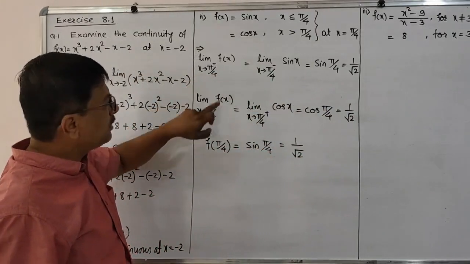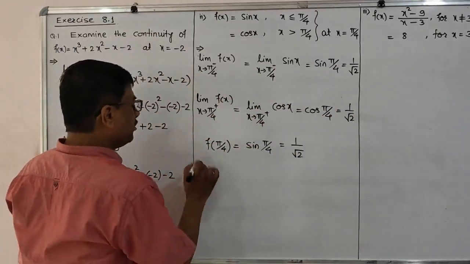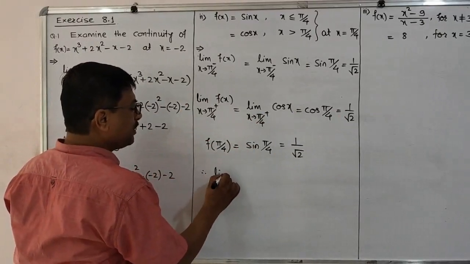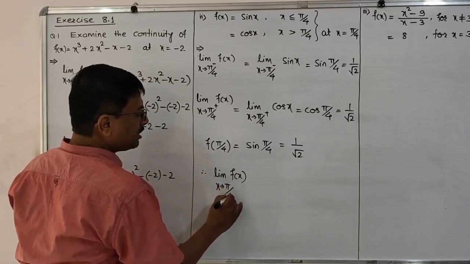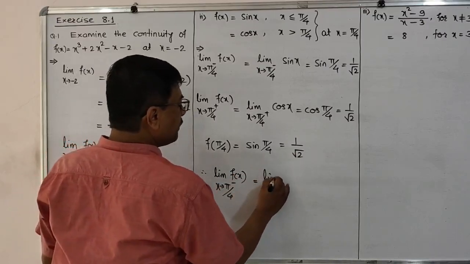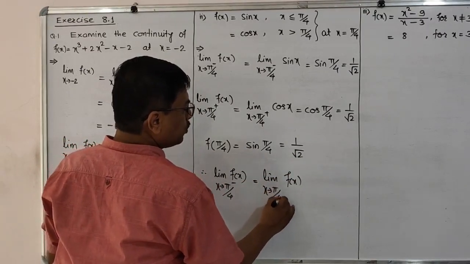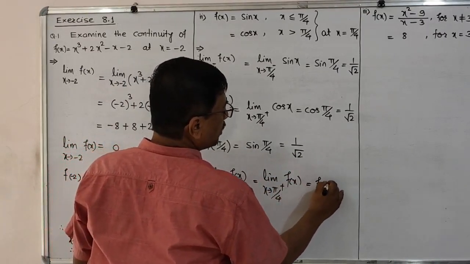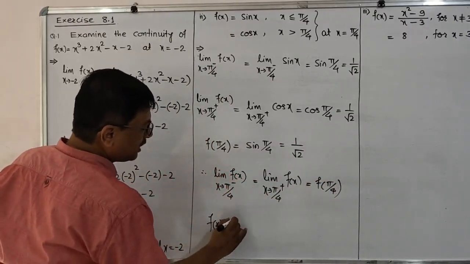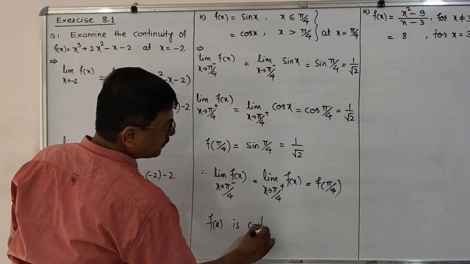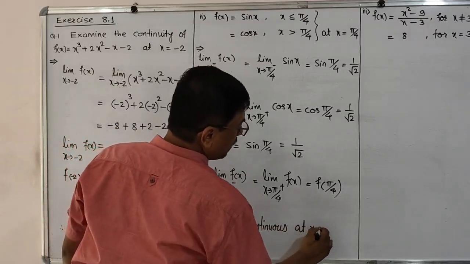Left hand limit, right hand limit and value of the function are all equal, means we can say that limit of f of x as x tends to pi by 4 minus is equal to limit of f of x as x tends to pi by 4 plus is equal to f of pi by 4. Hence we can say that this function f of x is continuous at point x is equal to pi by 4.